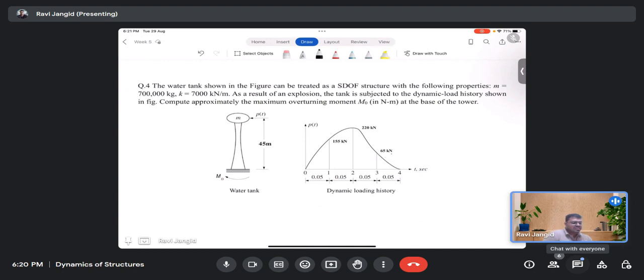As a result of an explosion, the tank is subject to the dynamic load history as shown in the figure. Now compute the approximate maximum overturning moment at the base of the tower. For finding the moment, you need to calculate the displacement at the top.